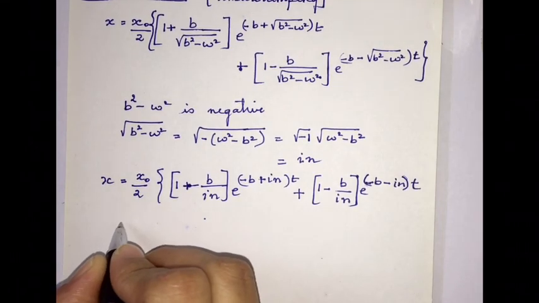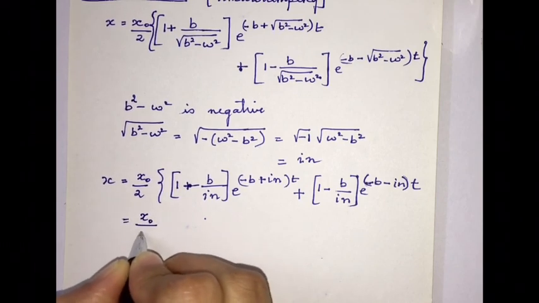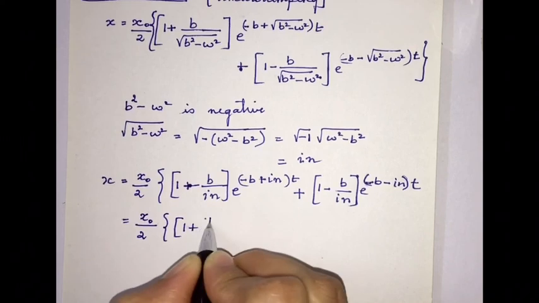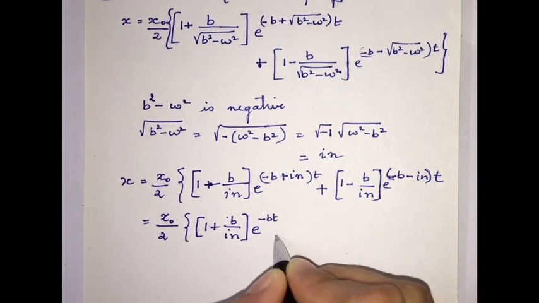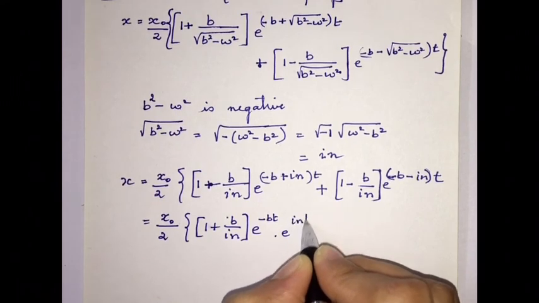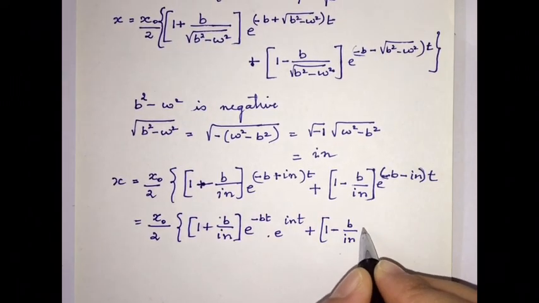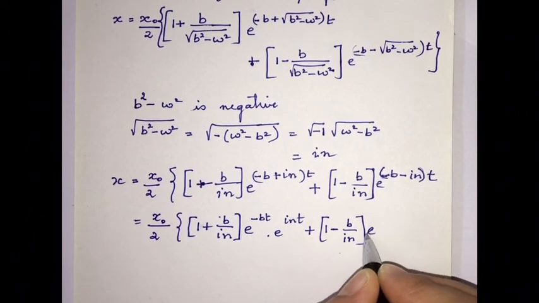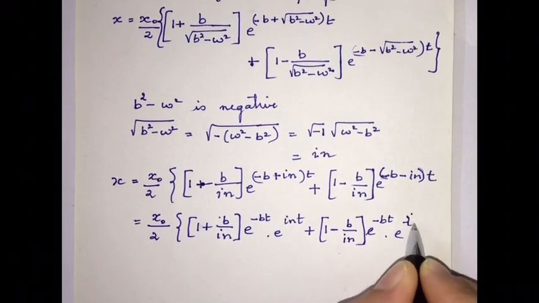We can further simplify this equation as x naught by 2 into 1 plus b by i n, e power minus bt and e power i n t, plus 1 minus b by i n into e power minus bt e power minus i n t.